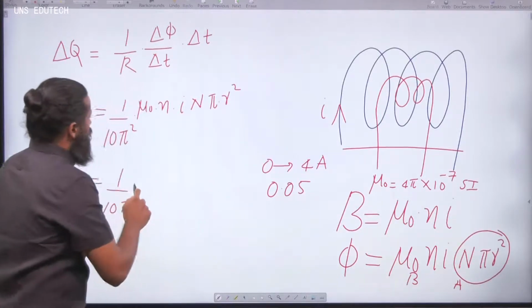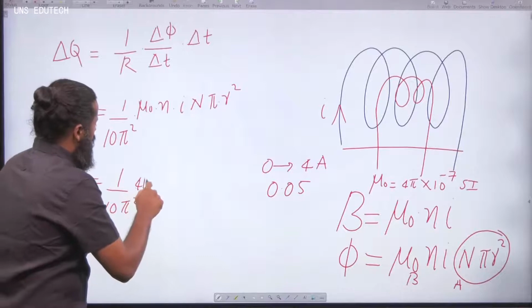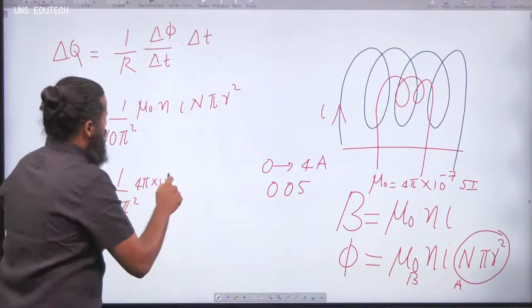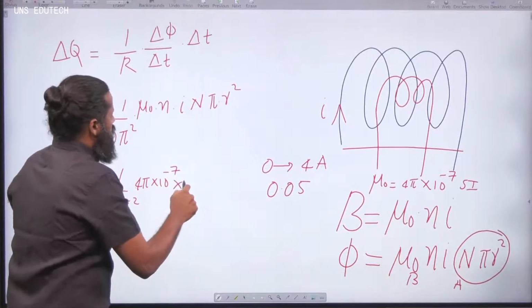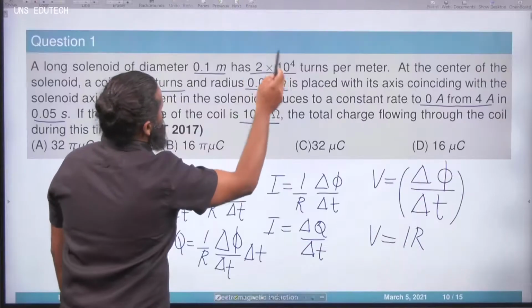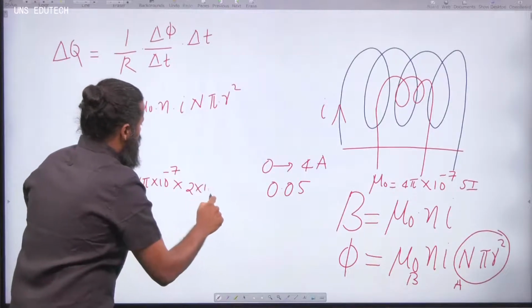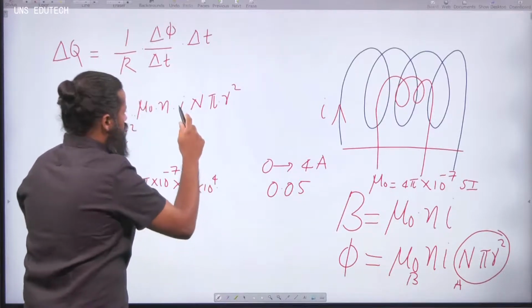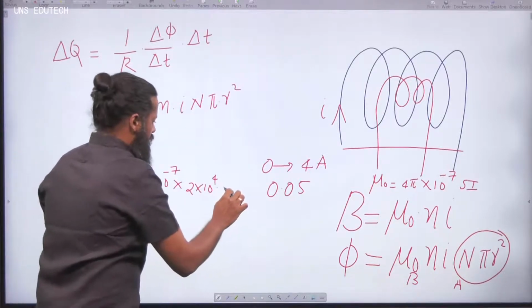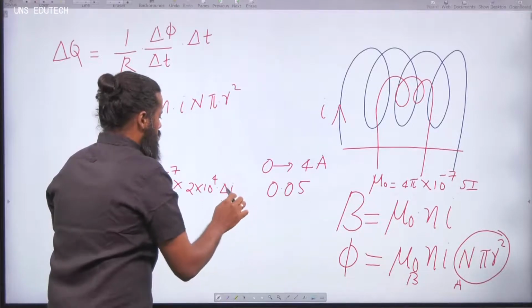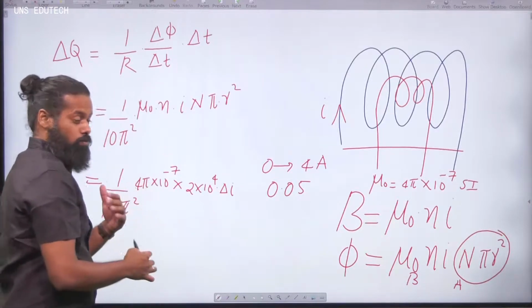So here you can write down mu 0 is 4 pi into 10 raised to minus 7, into number of turns, which is also given in the previous case, 2 into 10 to the power 4, and current, which is unknown. We can write it as delta I, the variation. Actually delta I by delta t we know, it is changing from 0 to 4.